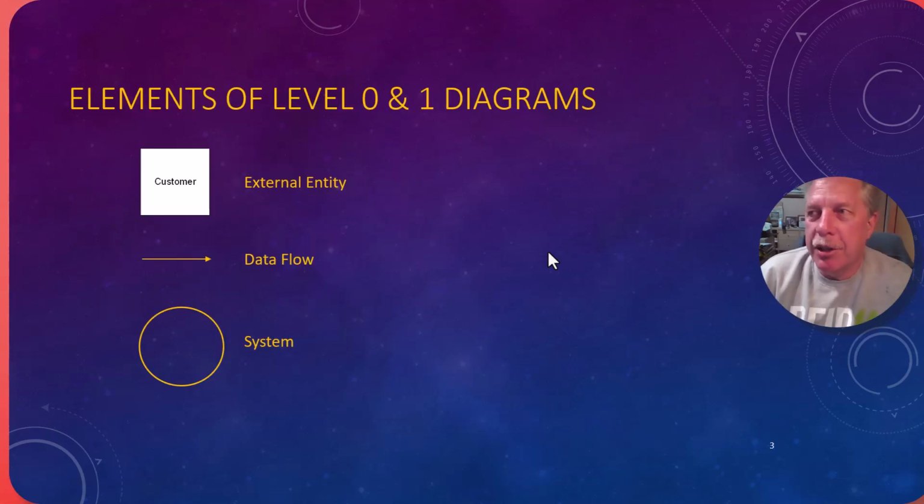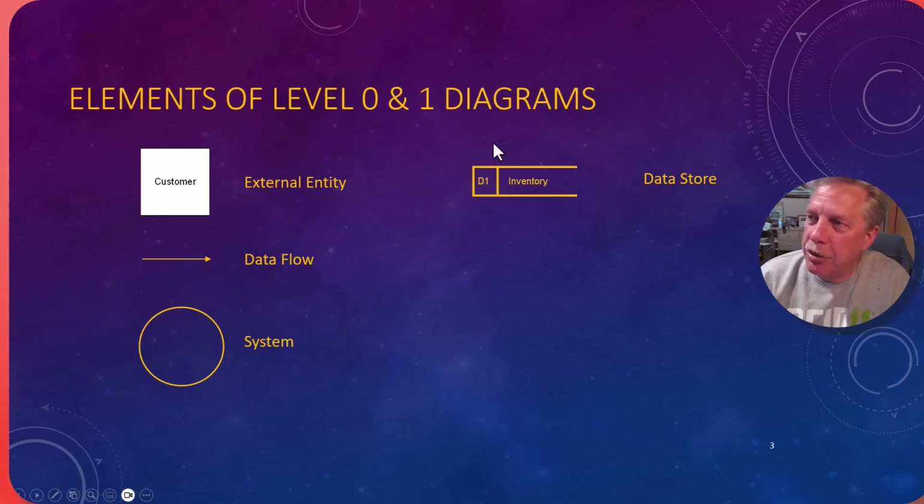So we had talked about in level 0 and the context diagrams that there was an external entity, which could be a customer, a line representing a data flow, and a circle representing a system. When we get to level 0 and level 1 diagrams, we have an additional icon to place on our diagrams, and that's a data store.